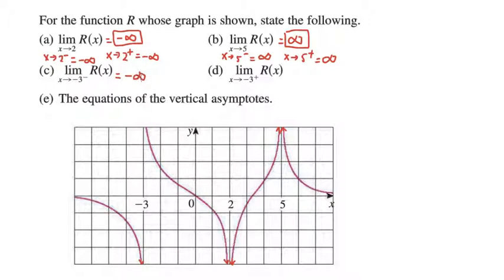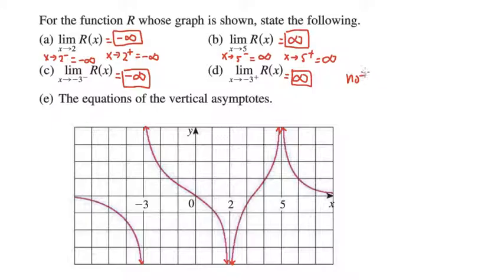On the other hand, if we have negative 3 positive, that means we take the right-hand side from the positive direction. So you take this piece, and if I go toward negative 3, the y value is shooting up. So in this case, this will be positive infinity. So that's the answer for negative 3 negative, and this is the answer for negative 3 positive.